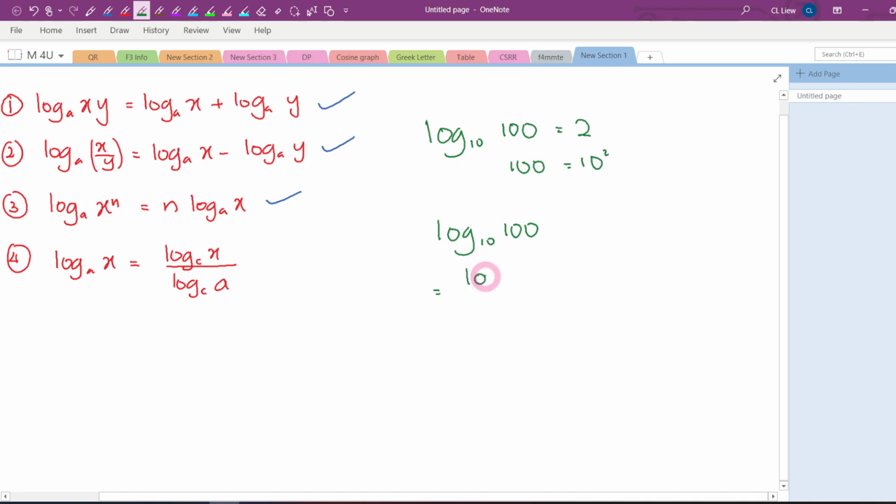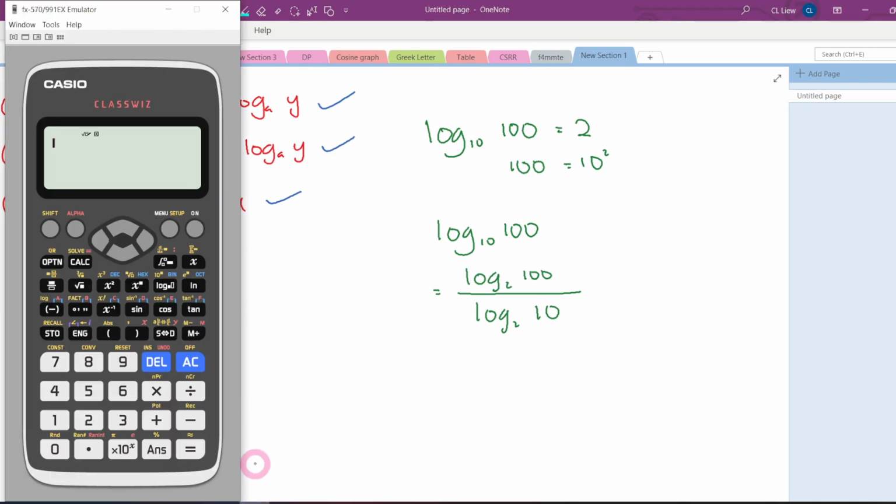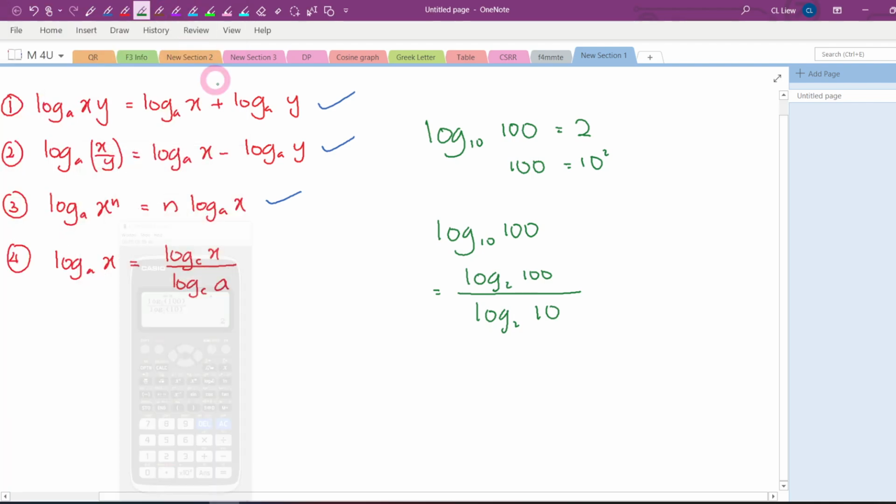We can do it this way, log base 2 of 100 over log base 2 of 10. You will still get the same answer. Try to use a calculator to check the answer. When you key in log base 2 of 100 over log base 2 of 10, you still get 2. Now let me show you why this is equal to this.